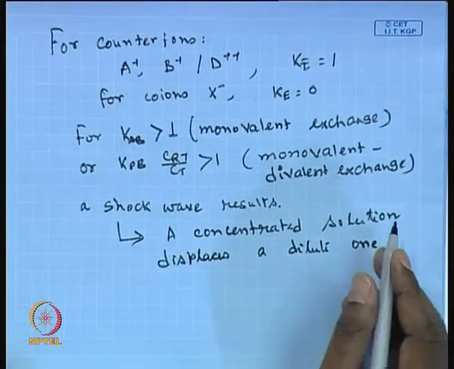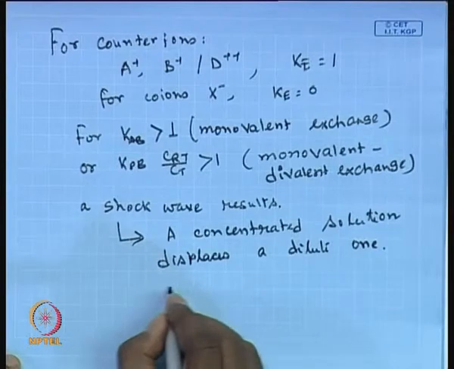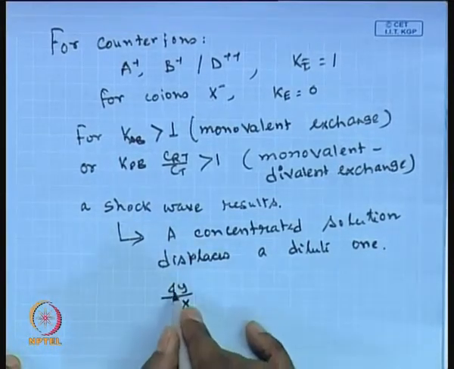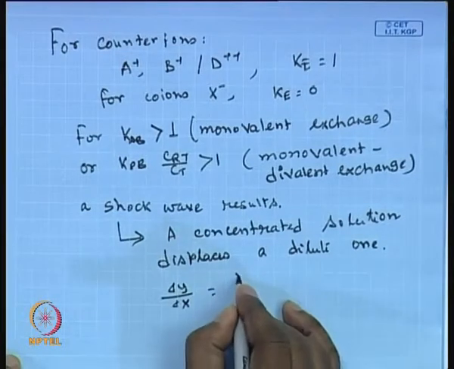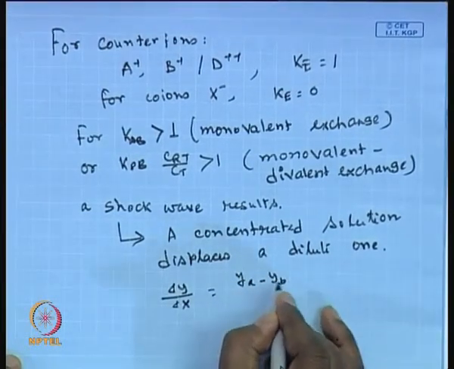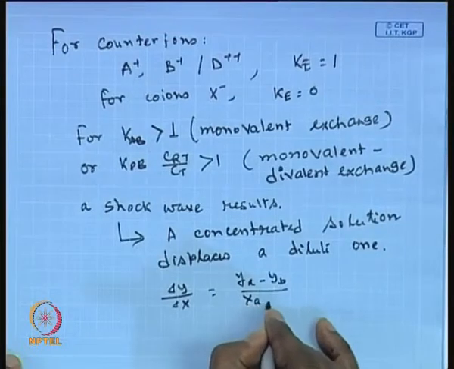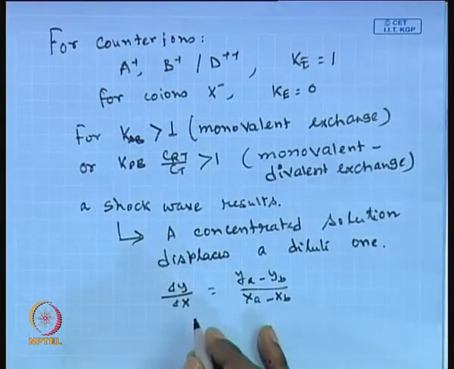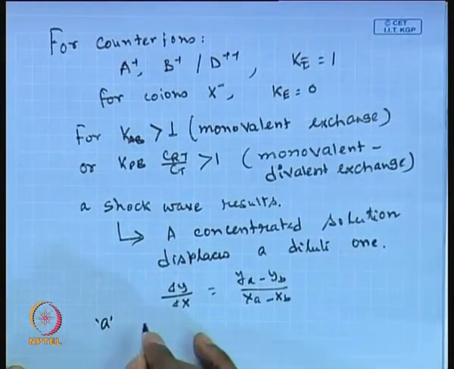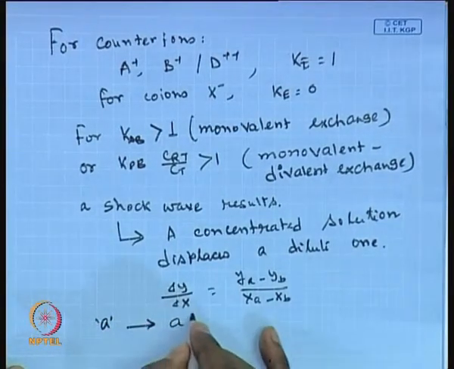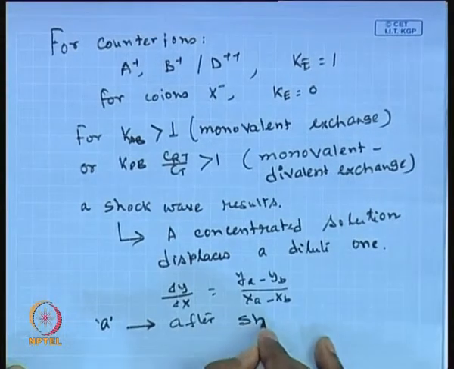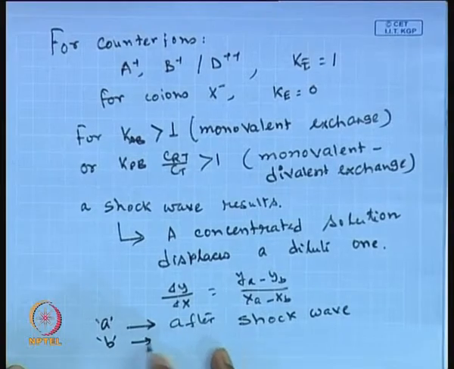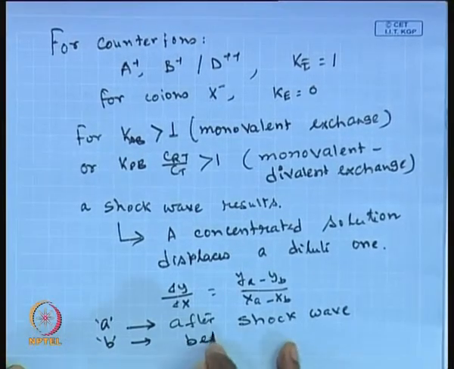And as we have talked about earlier, in case of shock wave, delta y by delta x will be written as y a minus y b over x a minus x b. A refers to after and B refers to the condition before the shock wave. So, A is after the shock wave and B refers to conditions before the shock wave.